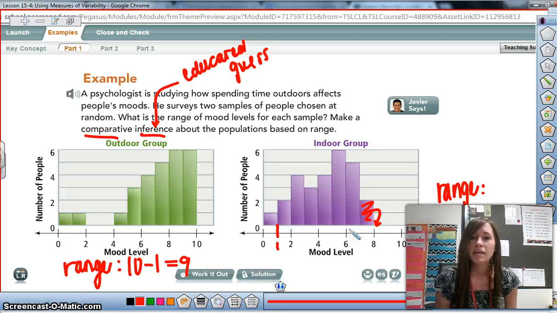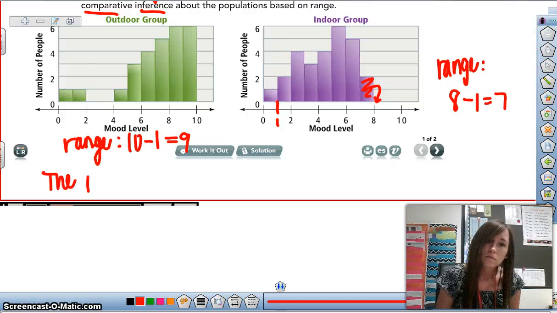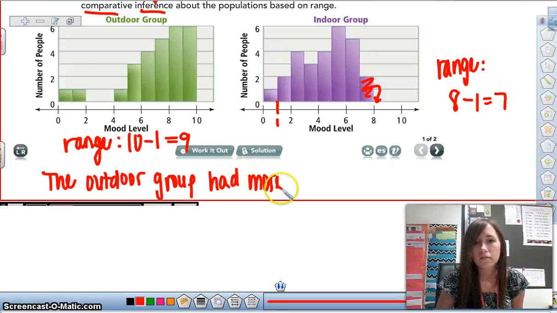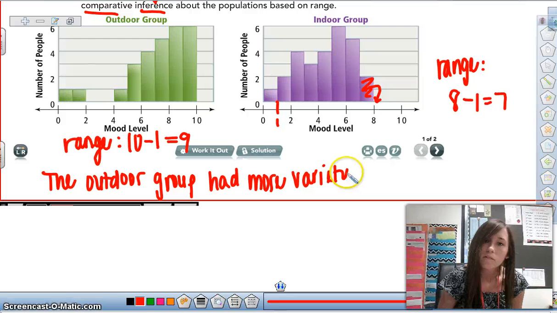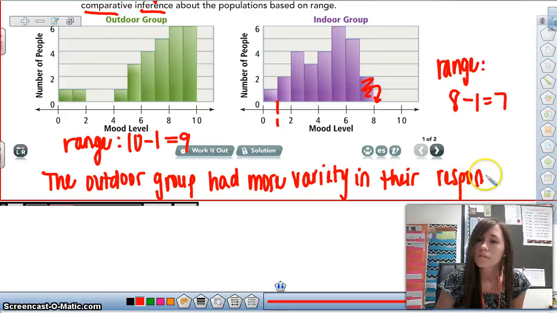Well, what's that mean? Does it mean that the mood level was better in the outdoor group? Not necessarily. The range talks about how varied or how spread out the mood range was. So the outdoor group had more variety in their responses of mood level.